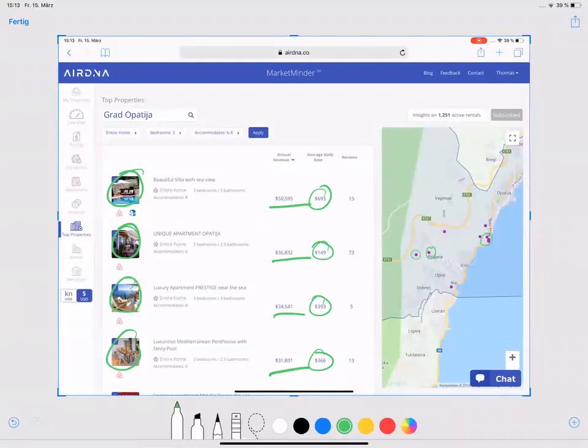You can see they're a little bit spread out, but you can get a feeling of who the competitors are.